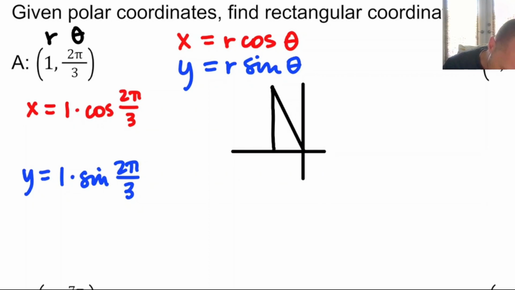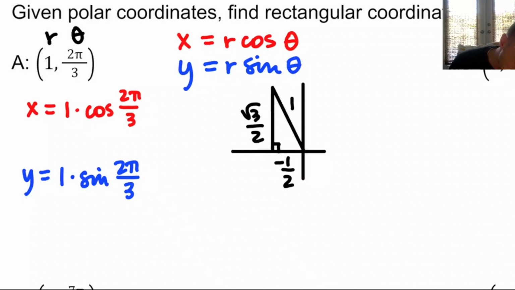Negative 1/2, root 3 over 2. Okay, and so 1 times cosine of 2 pi over 3 is 1 times negative 1/2 equals negative 1/2. And then 1 times the sine of 2 pi over 3, that's root 3 over 2.